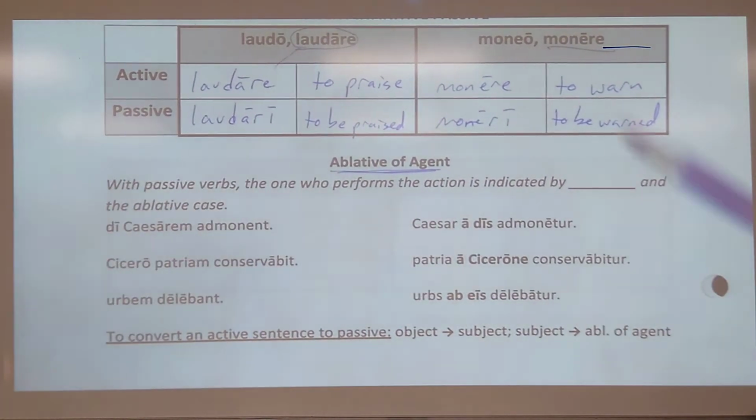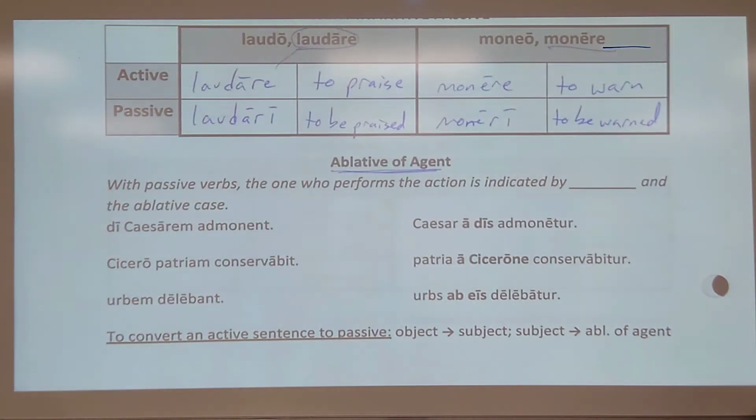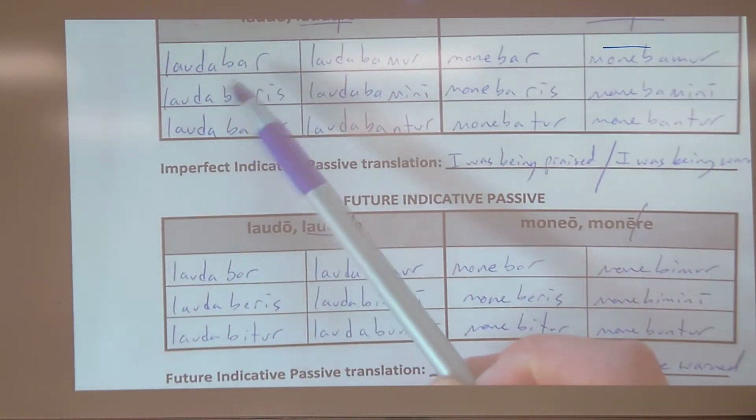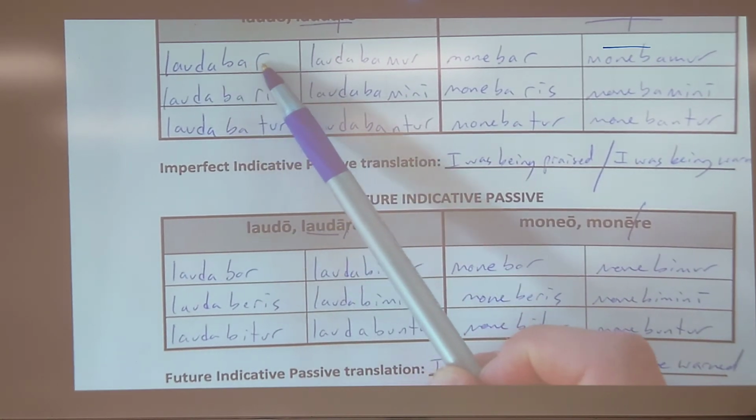The reason that we're learning it now is you can kind of hear, just in English, that when you have a verb that's passive, you kind of expect some extra information, like who was it done by? If the subject didn't do it, well, who did the action? So if we had an active imperfect, it would be I was praising.